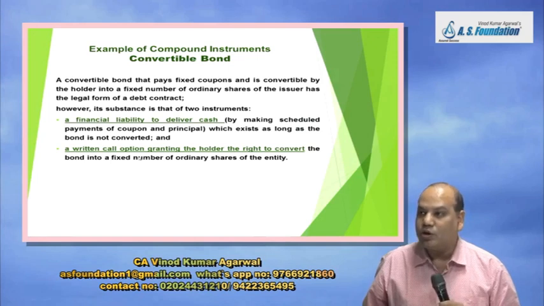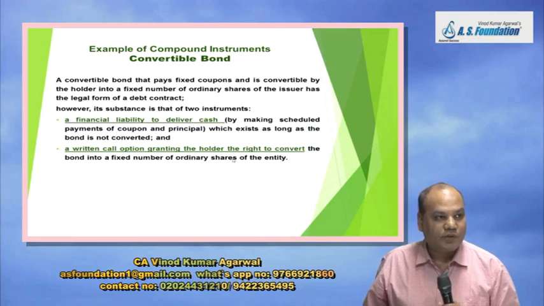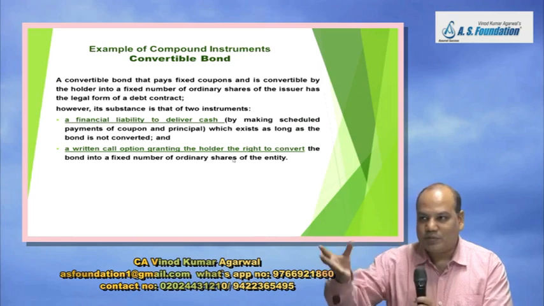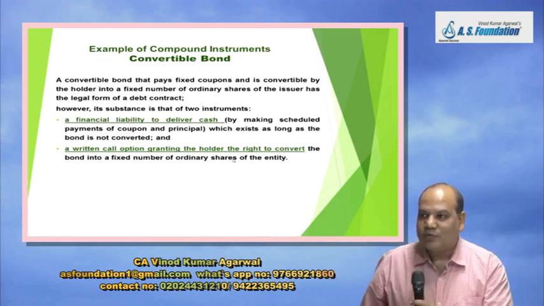And there is a written call option granting the holder the right to convert the bond into a fixed number of ordinary shares of the company. So the fixed for fixed test is there. A fixed amount will be converted into a fixed number of equity shares. So that becomes an equity.